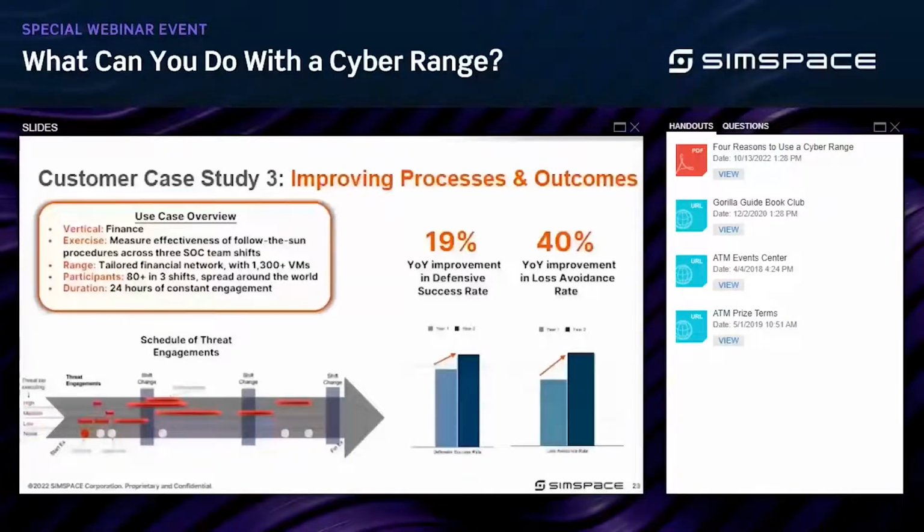So we did this last week for one of the top banks in the world. We ran 3 of their SOC teams over a 24-hour process, 3 different shifts, one in North America, one in Europe, and one in India, and tested to see if they could actually handle our attacks.